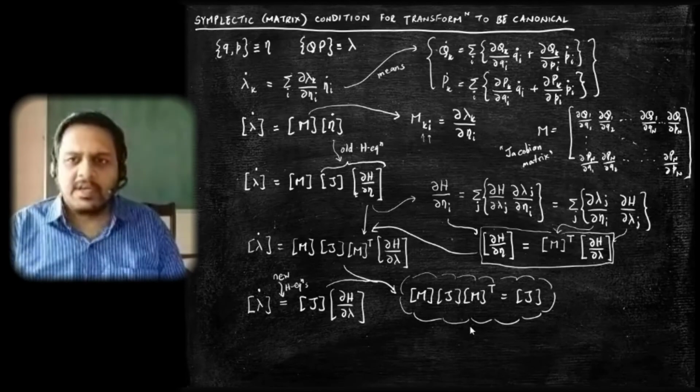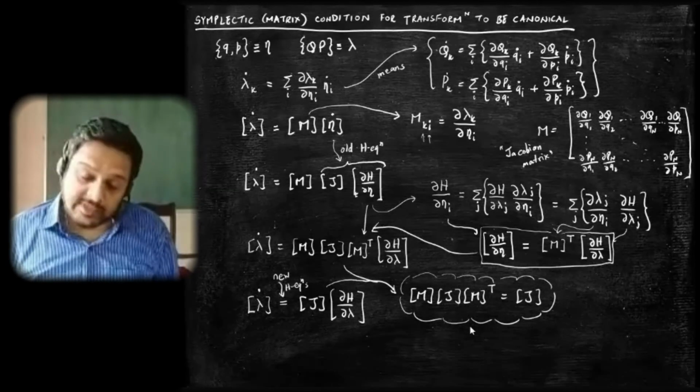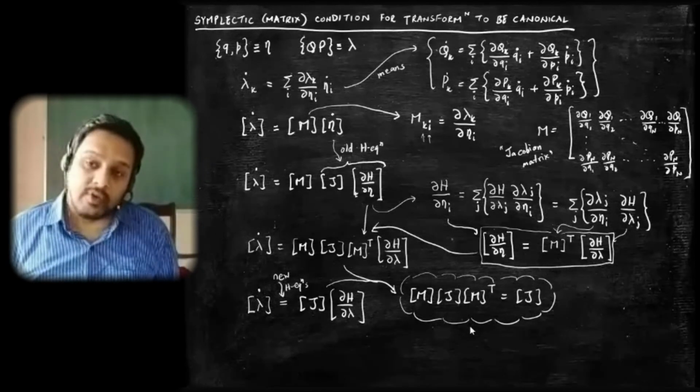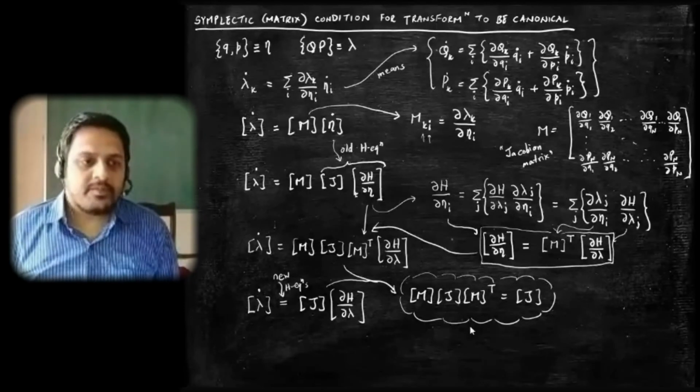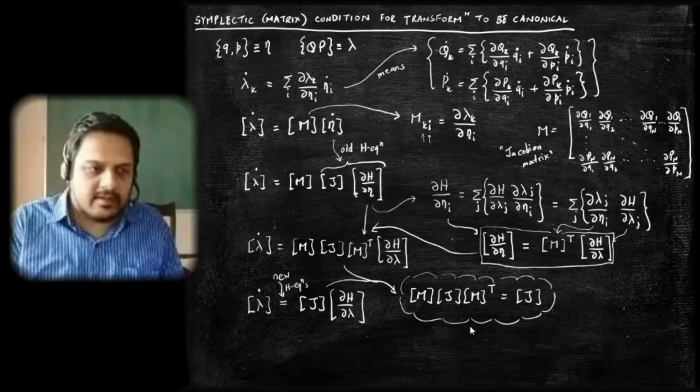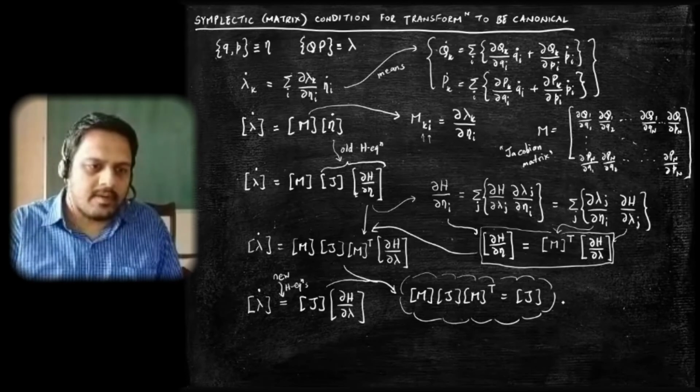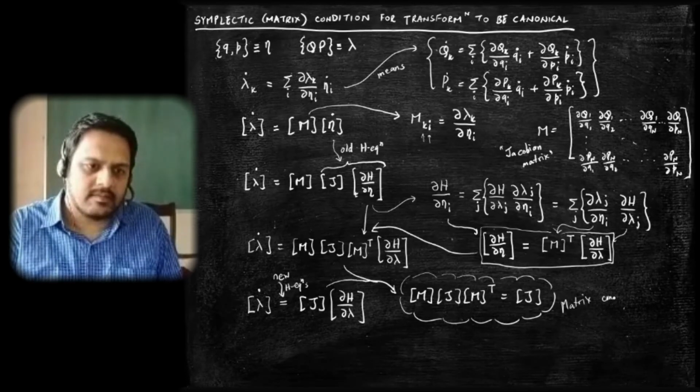In other words, capital Q, capital P will also satisfy Hamilton's equation for the new Hamiltonian. Okay. So this is basically the matrix condition for a transformation to be a canonical transformation.